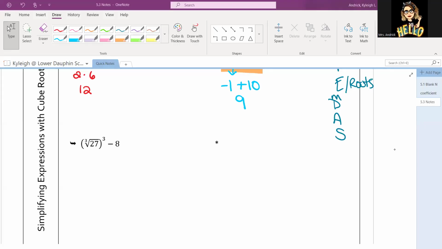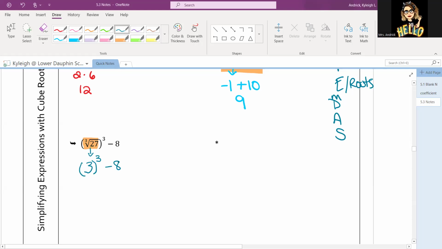We have to simplify inside the parentheses first. So inside the parentheses, the cube root of 27 is going to be 3. Then we put in parentheses 2 to the third minus 8.